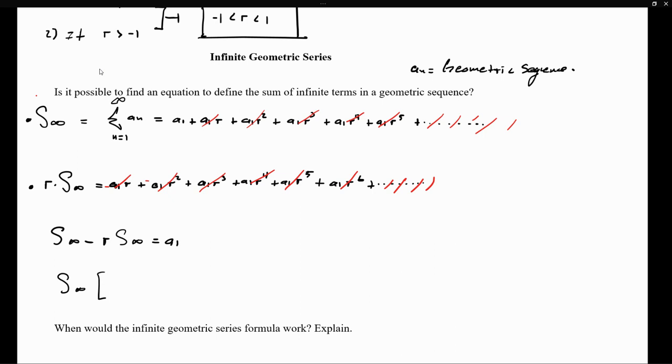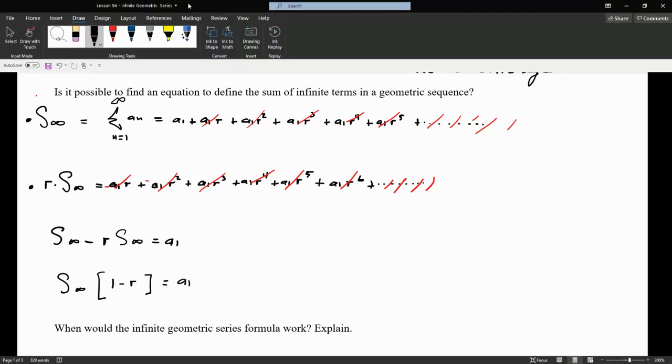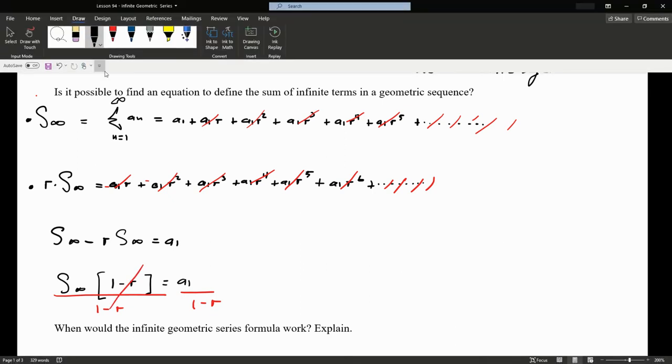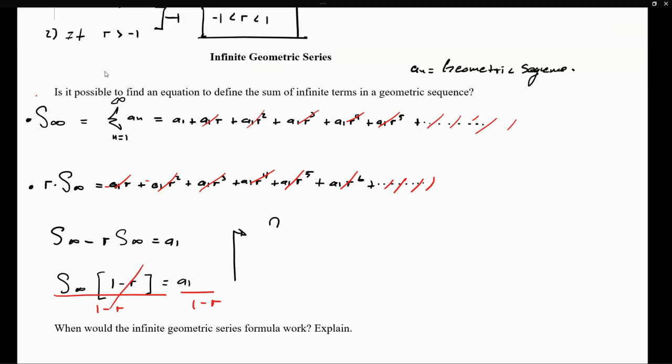If I factor out the expression s of infinity, I get 1 minus r. And if I want to get s of infinity, all I have to do is divide by 1 minus r on both sides. That way this expression cancels out.